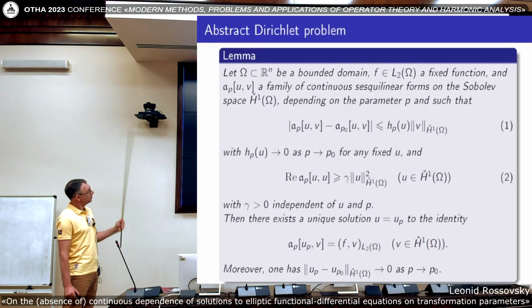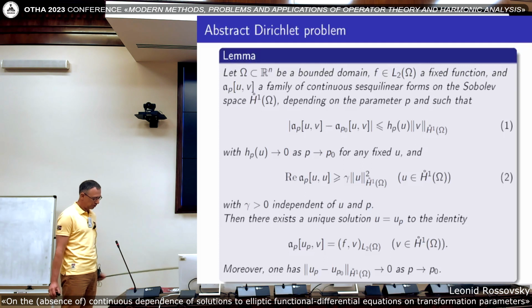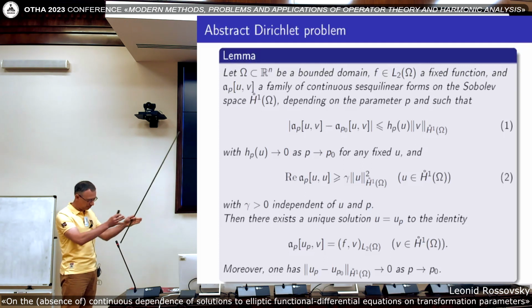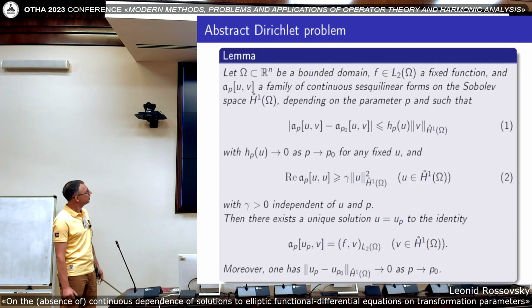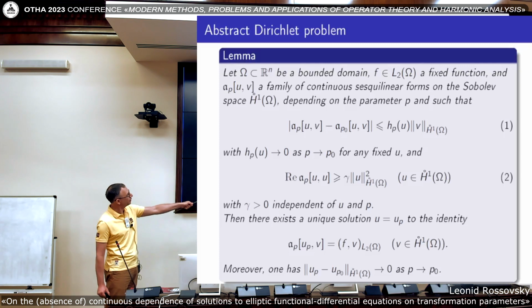This family depends on some parameter P, which will be specified a bit later. And this family of sesquilinear forms must satisfy the following two requirements given by inequalities 1 and 2.